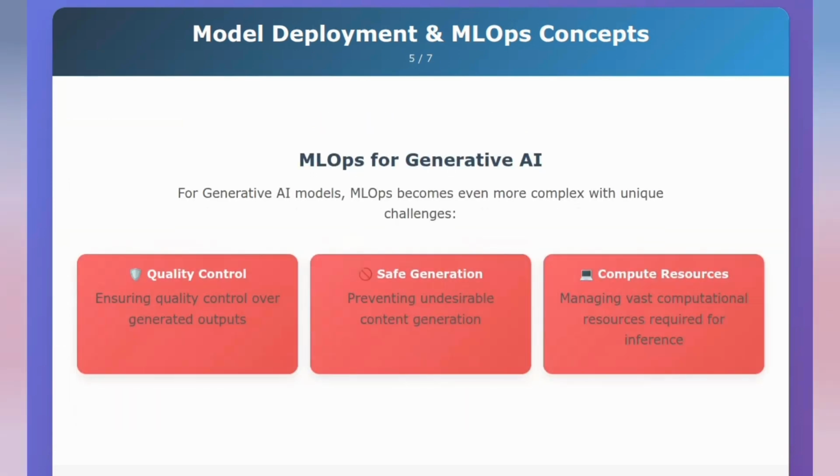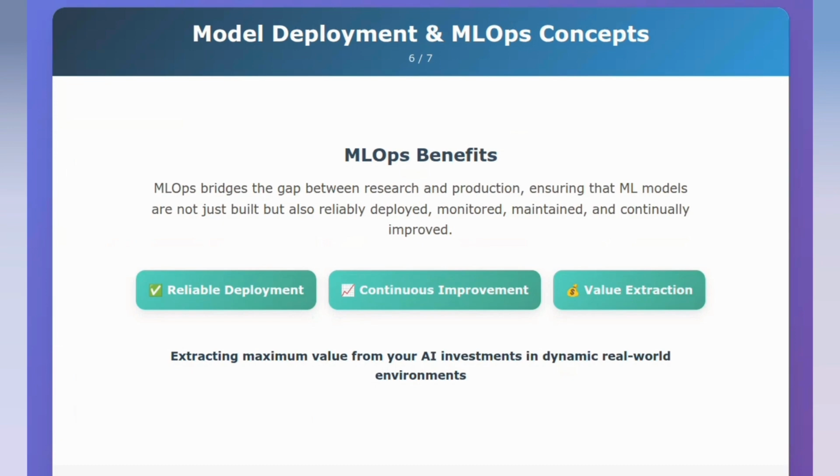For generative AI models, MLOps becomes even more complex. Ensuring quality control over generated outputs, preventing undesirable content generation, and managing the vast computational resources required for inference are unique challenges. MLOps bridges the gap between research and production.